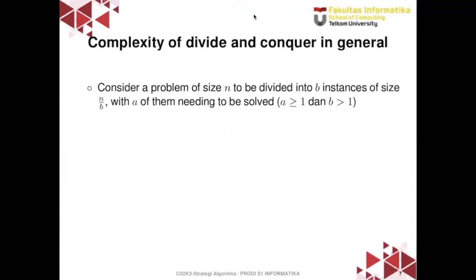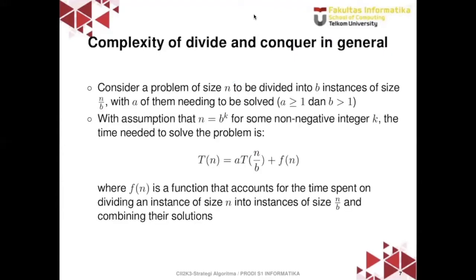So let's talk about the complexity of the divide and conquer method in general. If we consider a problem of size n and we divide it into b instances where each instance has size n per b, and we have a of the instances that need to be solved, then we can have this as the time complexity.